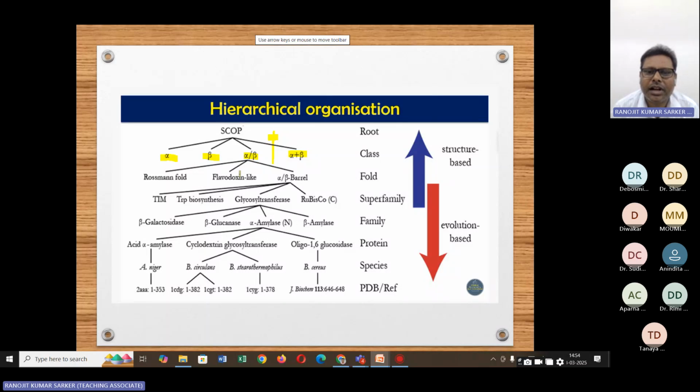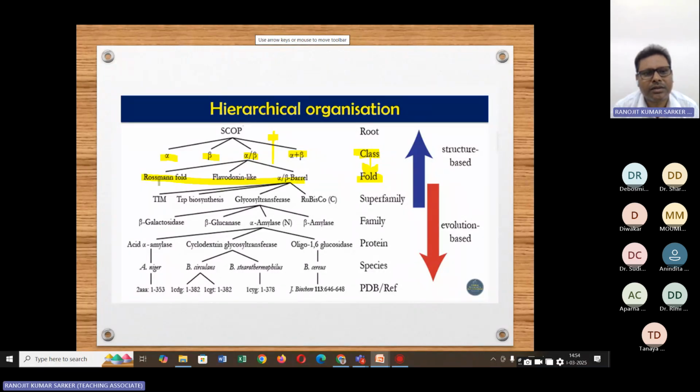Now, if we go to the evolutionary based classification, after a class there will be many folds. If we consider only alpha by beta, there are several different types of folds.